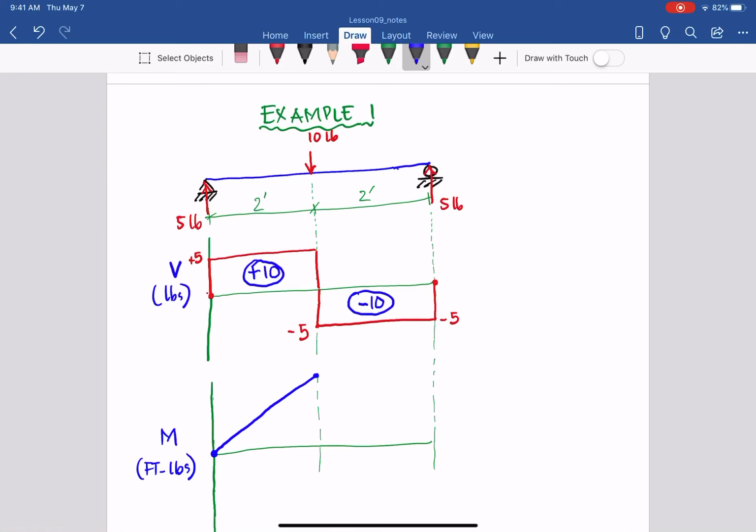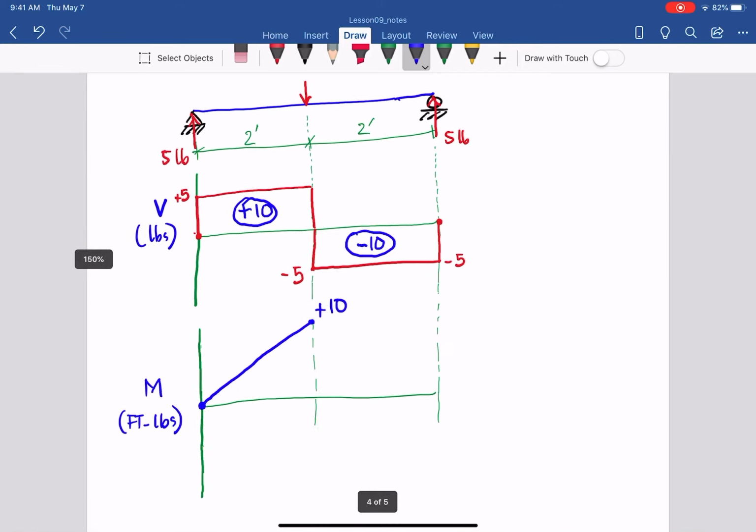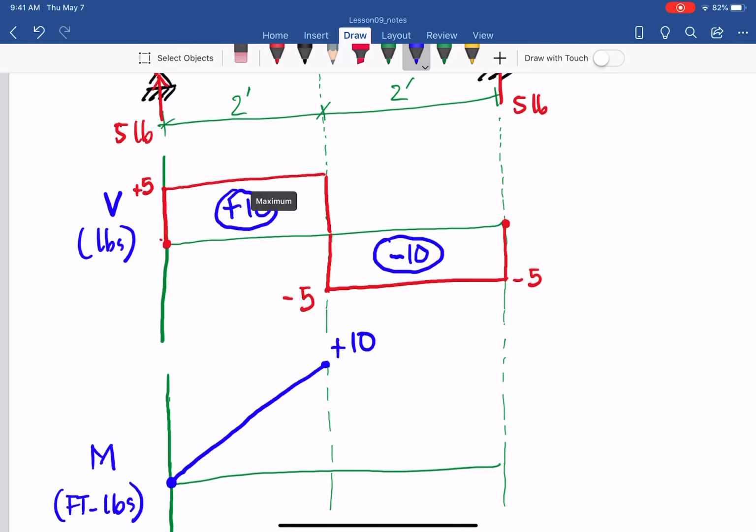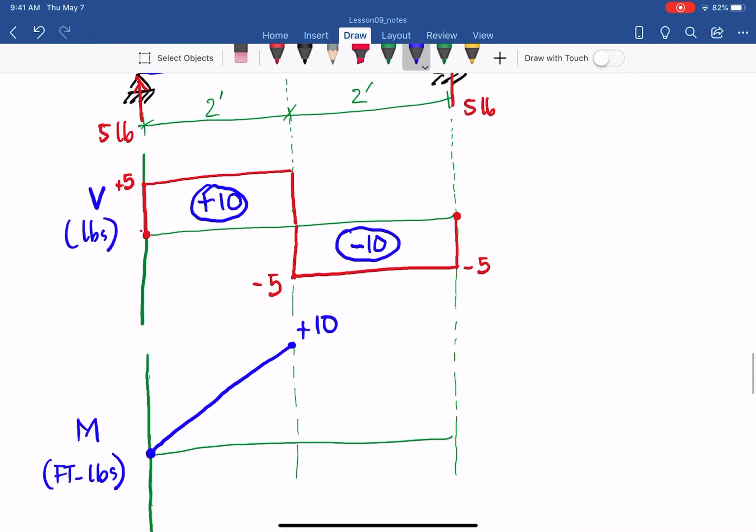So from that, as you can see, it will be positive 10 foot-pounds in the moment diagram when moving from left to the middle, because the area under the shear curve is 10, then the change in the moment from left to the middle will be 10.